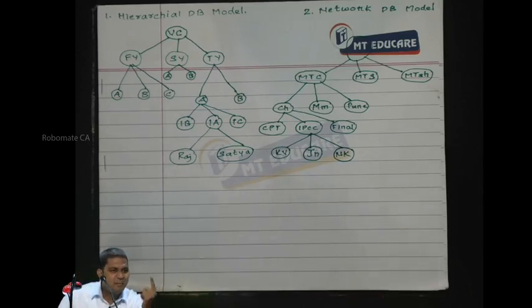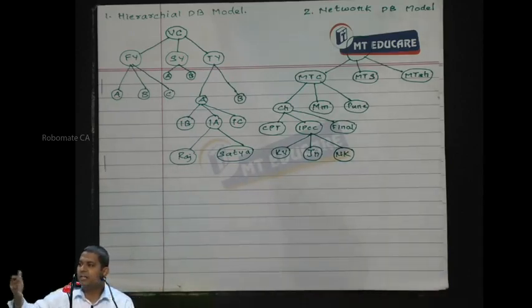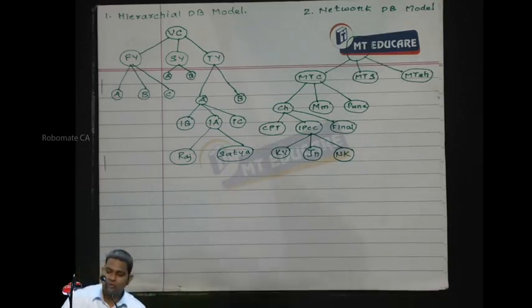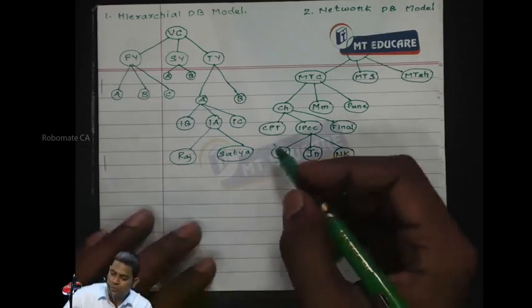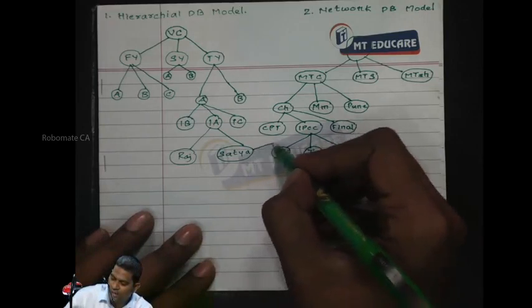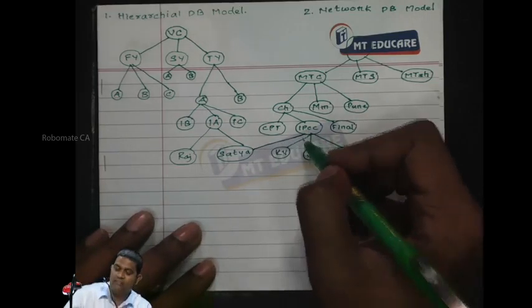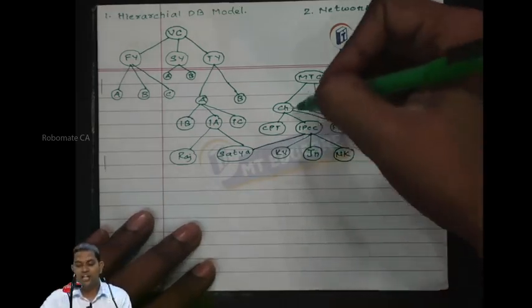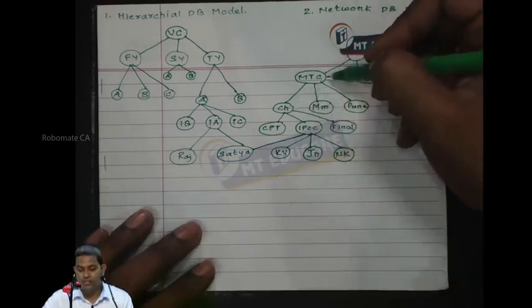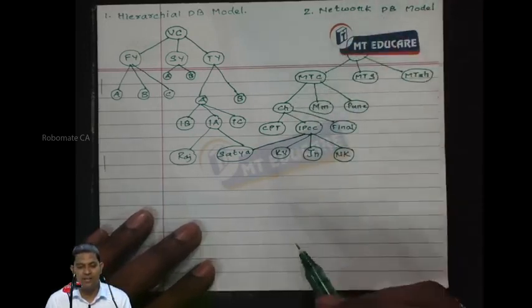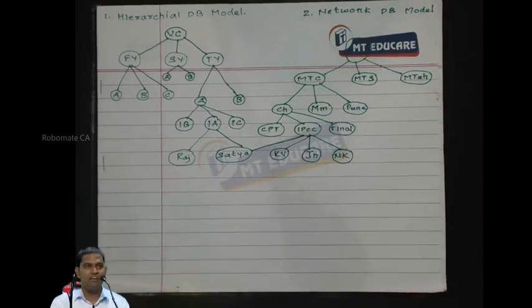Saying one statement, just one statement, I'll teach you the network database model. There is one more student called Satya, who is also doing IPCC with the Chennai branch of Mahesh Tutorials Commerce, MT Educare, right? Don't you think we are breaking the rule over here?